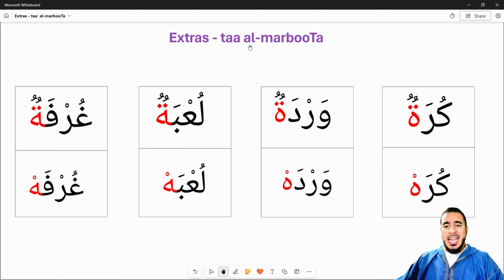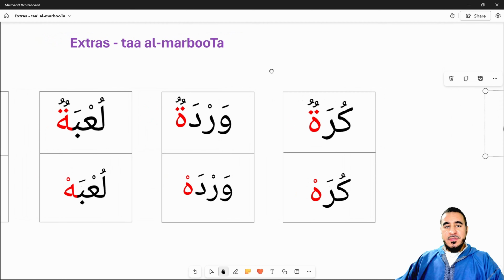And then we have al-marboota. The word marboota means to be tied up. So we know just by looking at that, it's going to be a ta which is tied up.